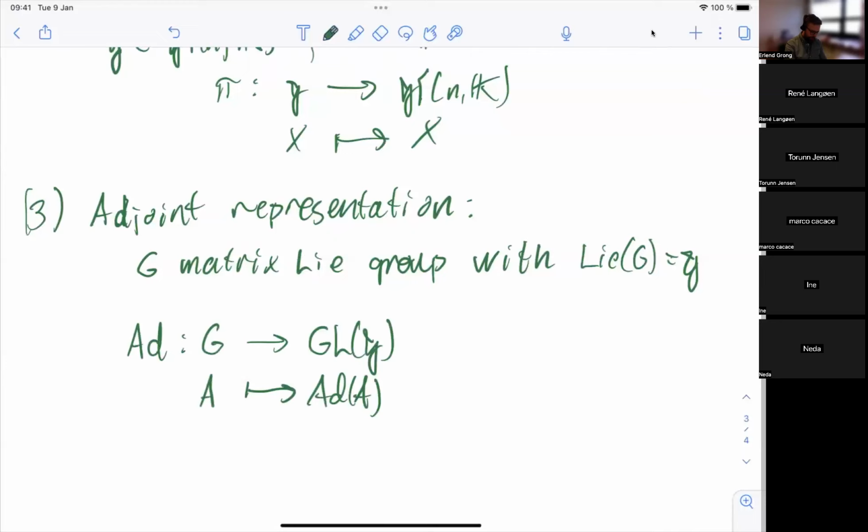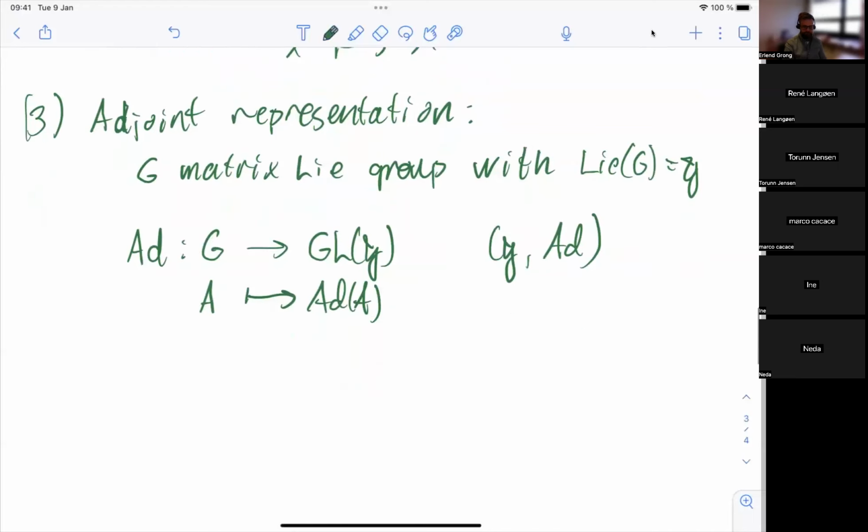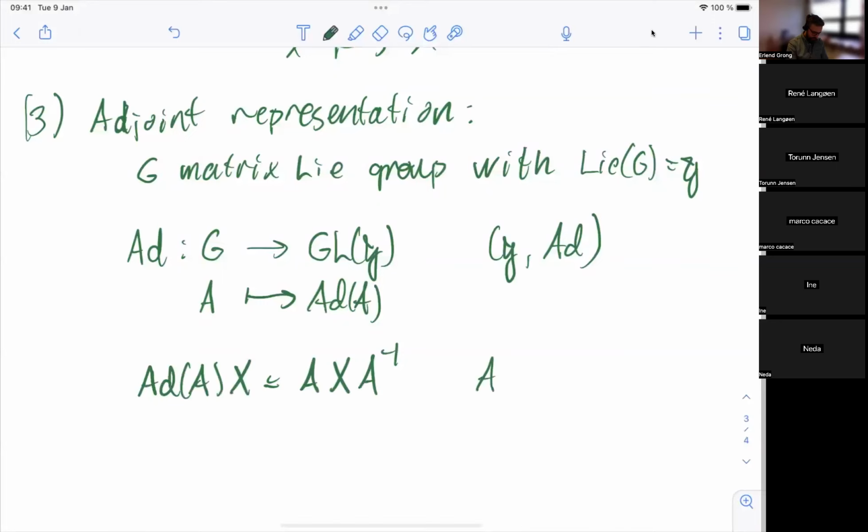So then the adjoint representation is (g, Ad). And how did this Ad work? Well, Ad_A applied to X was the map that multiplies A with X and then A inverse. And this was also inside the algebra, by the properties of the exponential map.